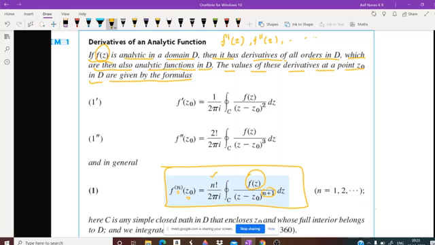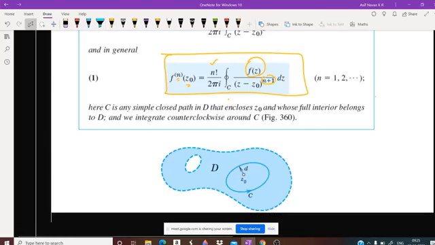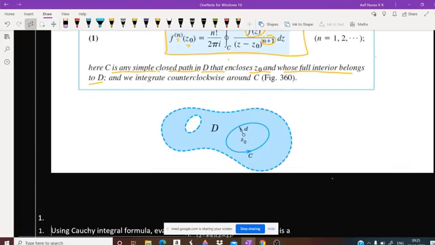Here C is any simple closed path in D that encloses z naught and whose full interior belongs to D.